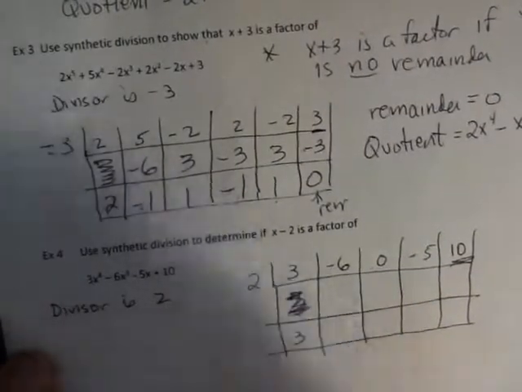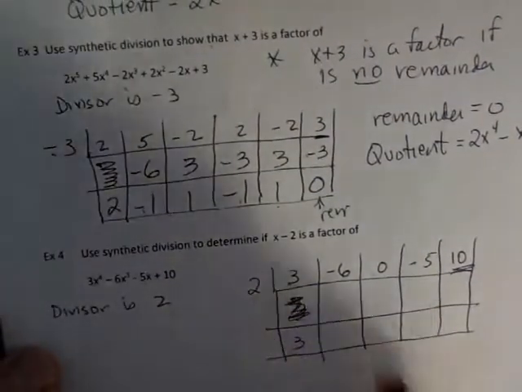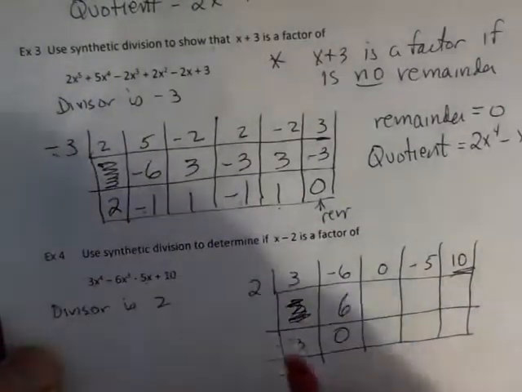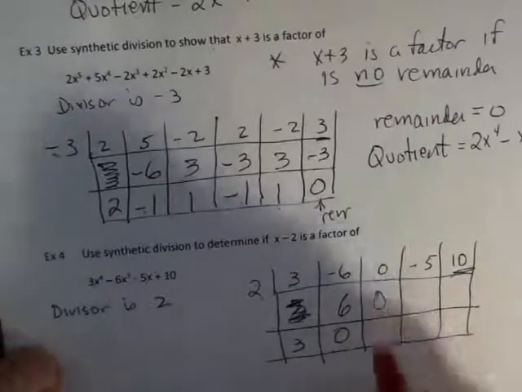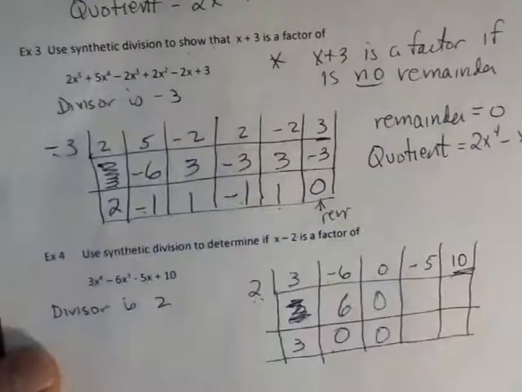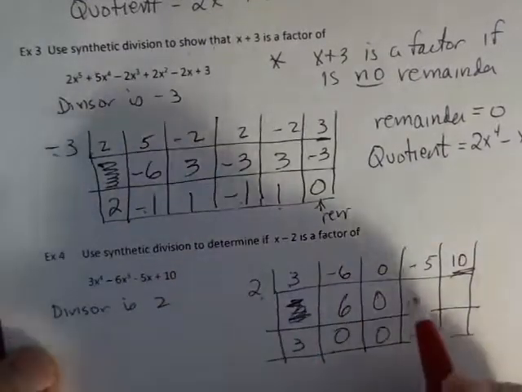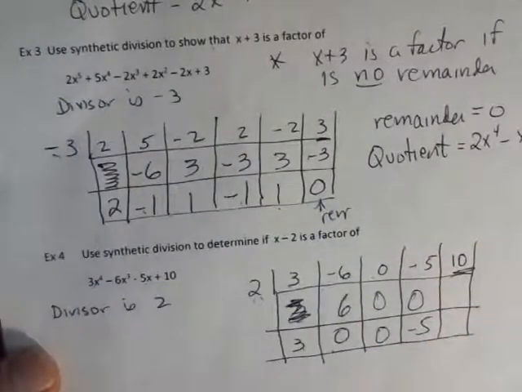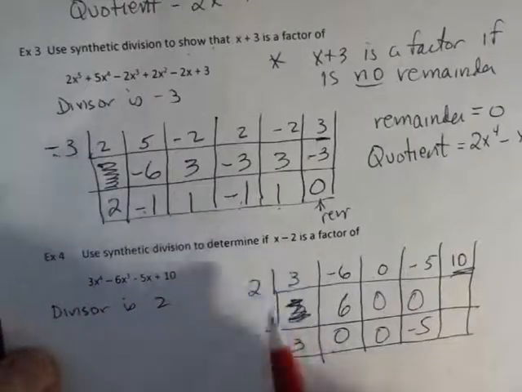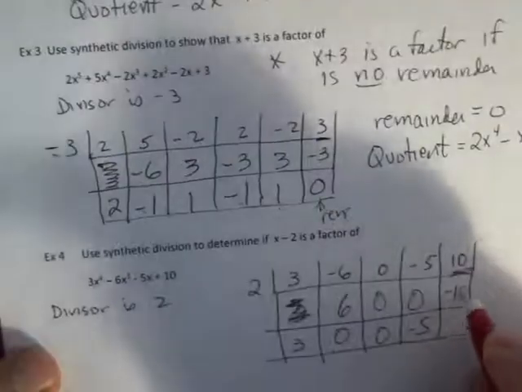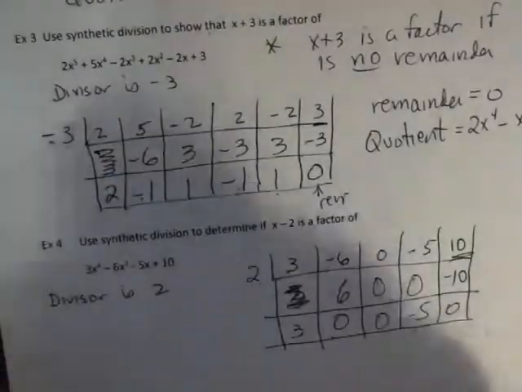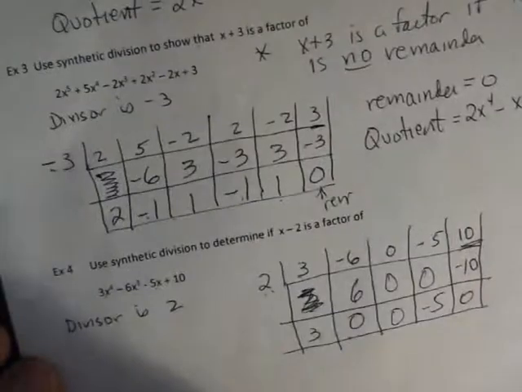Bring down the 3. 2 times 3 is 6. 6 minus 6 is 0. 2 times 0 is 0. 0 plus 0 is 0. 2 times 0 is 0. 0 minus 5 is negative 5. 2 times negative 5 is negative 10. And I get 0. So, x minus 2 is a factor.